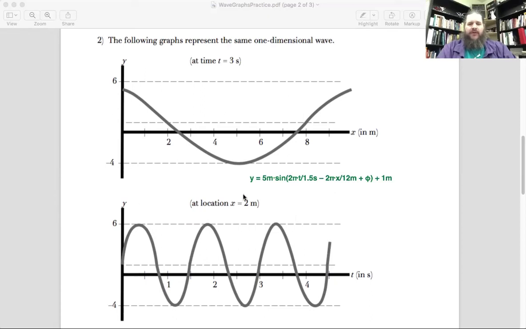But we can get values for all of those because we've got all these graphs. The graph is a whole set of data, a whole set of values for x and y and t. So we could choose any point on this graph because the graph is just a set of points that make the equation true. Choose any location on either of these graphs and fill it in for x, t, and y. And then phi will be the only unknown left.